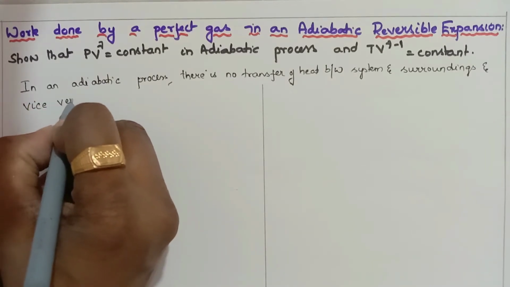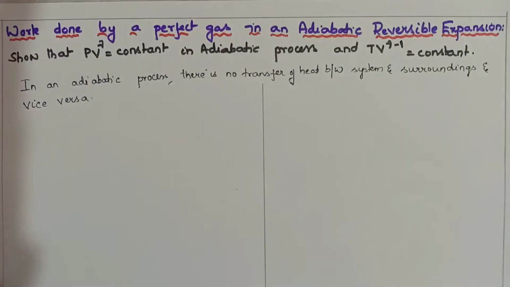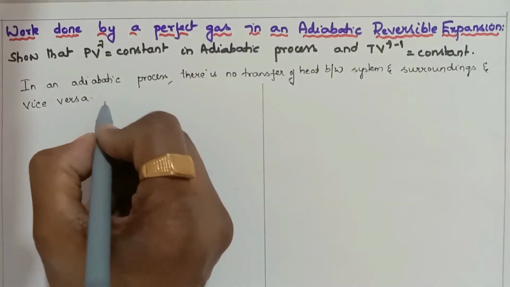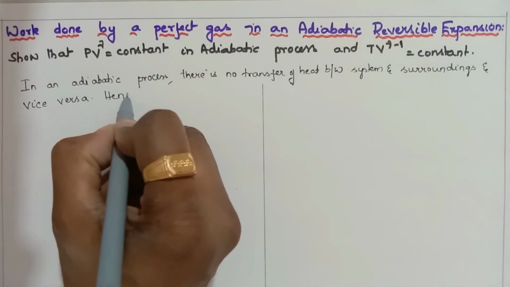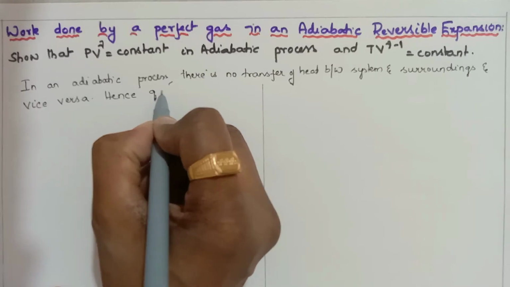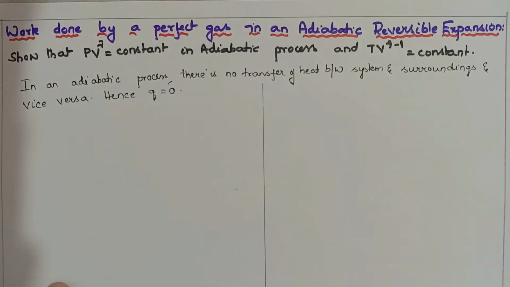As there is no transfer of heat between system and surroundings or surroundings and system, Q value will be equal to 0. Write down, hence Q is equal to 0.